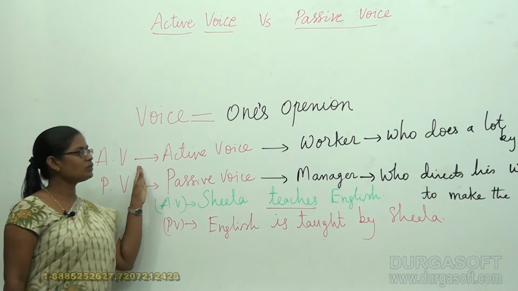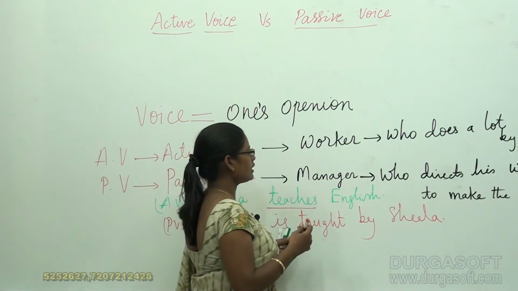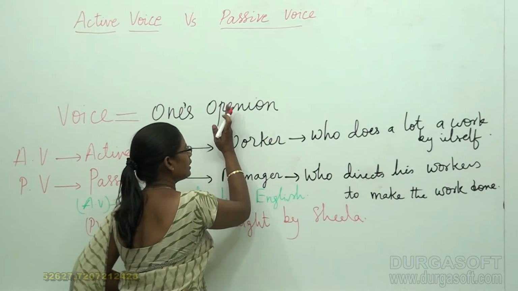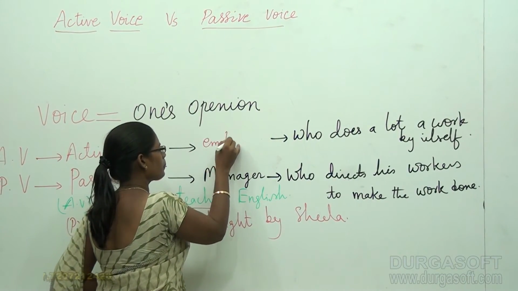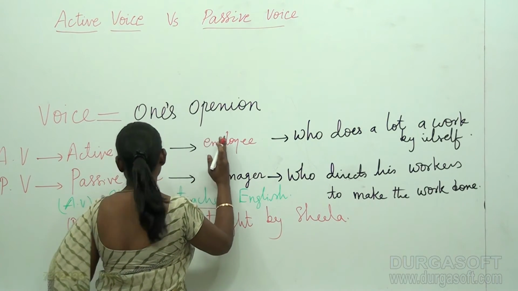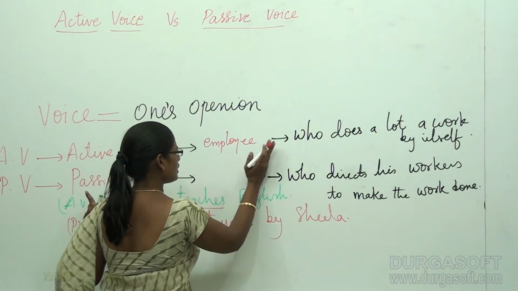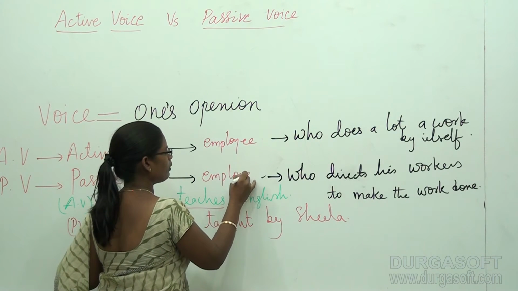The code for active voice is worker. That means rather than writing worker, I can give the explanation as employee. Okay, he is an employee. And for the passive voice, I would like to name it as an employer.